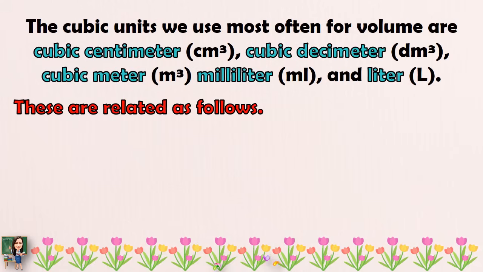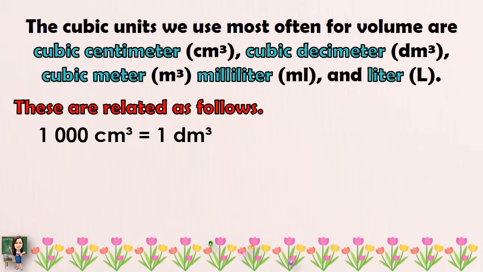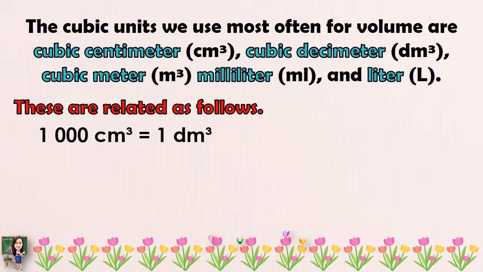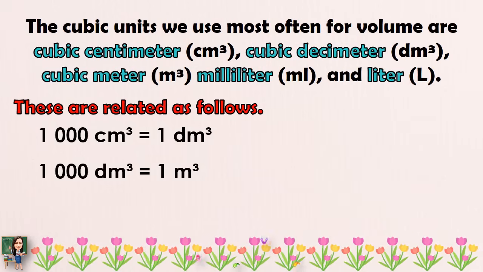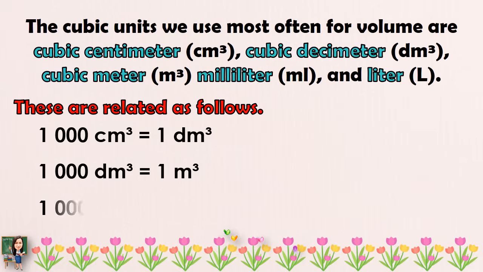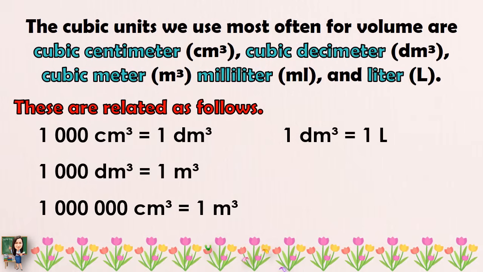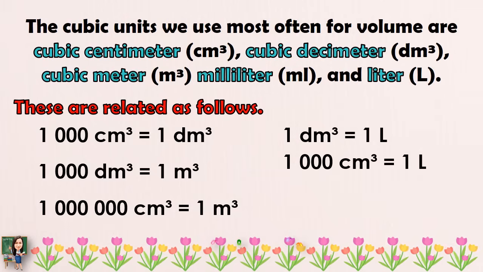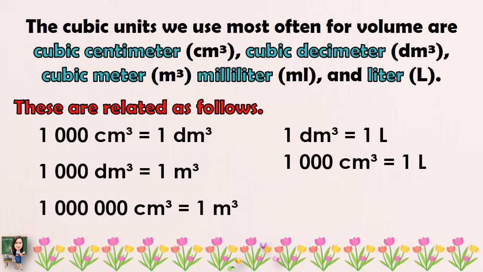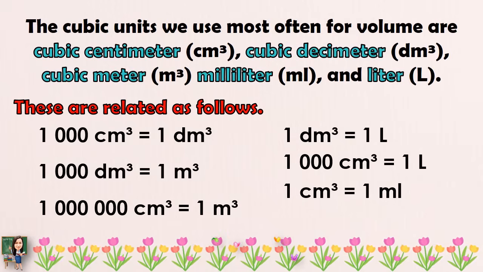These are related as follows, or the conversions of units. 1,000 cubic centimeters is equivalent to 1 cubic decimeter. 1,000 cubic decimeters is equivalent to 1 cubic meter. 1 million cubic centimeters is equivalent to 1 cubic meter. 1 cubic decimeter is equivalent to 1 liter. 1,000 cubic centimeters is equivalent to 1 liter. 1 cubic centimeter is equivalent to 1 milliliter.